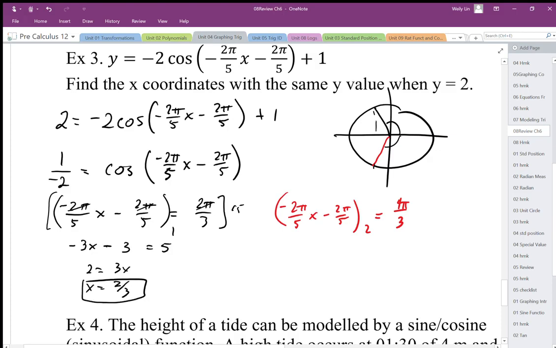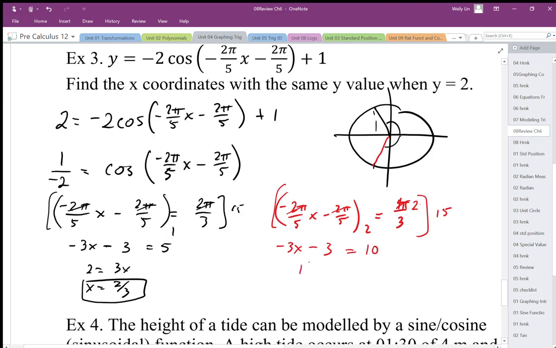I'm going to solve that other one the same way. I'm going to get rid of the denominators of 5 and 3 by multiplying by 15. Let's get rid of these π's. So multiplying through, I'm going to end up with -3x minus 3 is equal to 30 divided by 3 is 10.